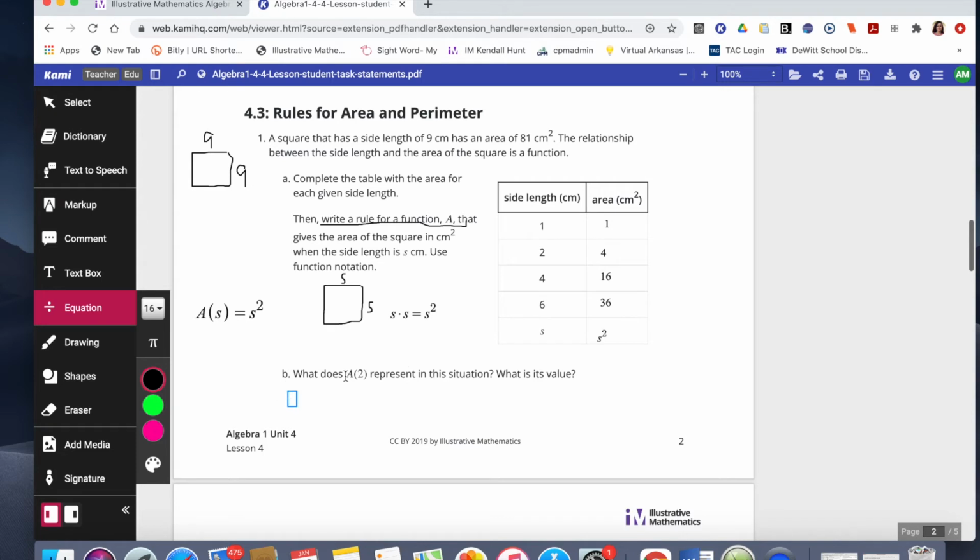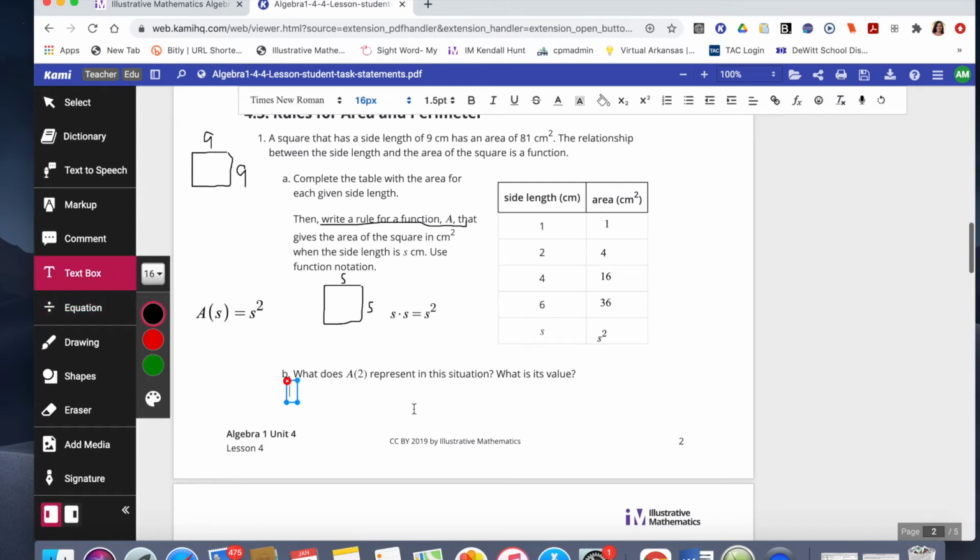So A of 2 represents, let's go back to the text box, the area of a square with a side length of, which is our input, 2 centimeters. So that's what it represents.